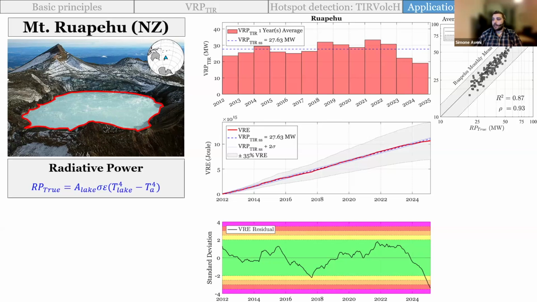Here with Ruapehu, you can see that at the moment, starting probably in 2023, 2024, we have this deficit in terms of heat emission. Statistically, at present it has reached approximately 3.5 standard deviations beyond the baseline, the steady state.